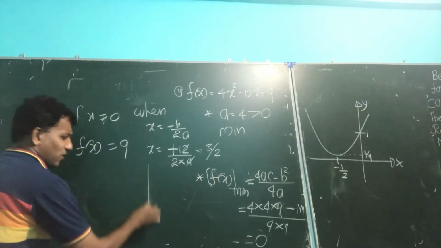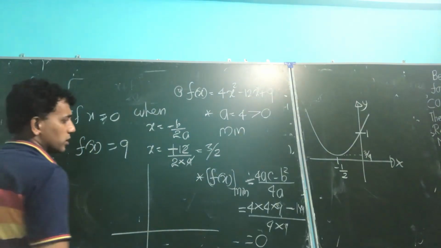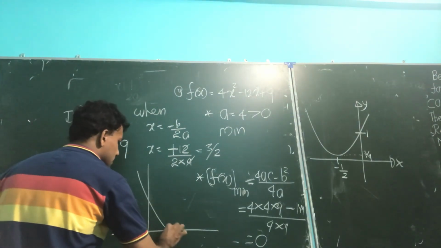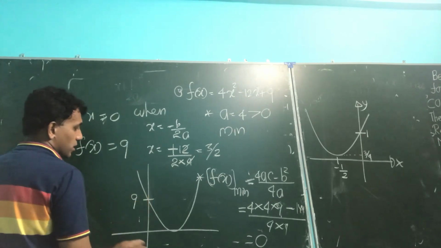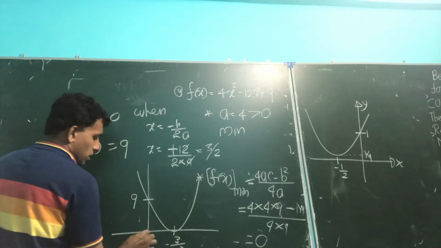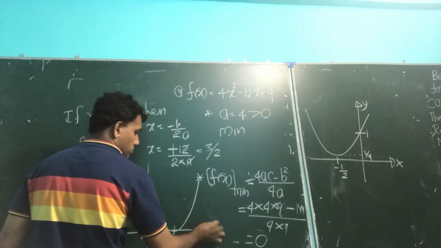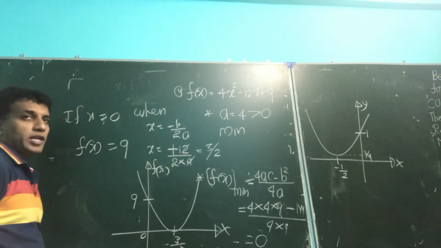All the necessary points are available. Now draw the graph like this. This is 9. Here is what we call 3 over 2. That's all. It's the minimum graph pattern.